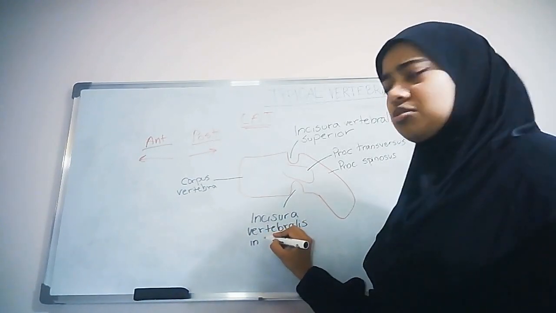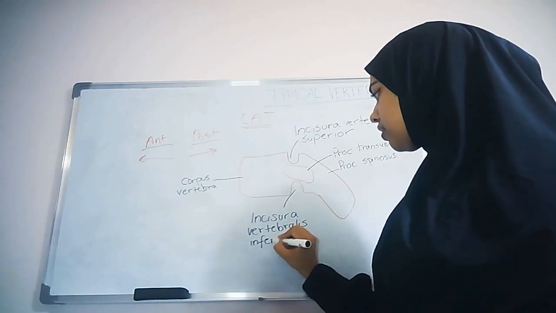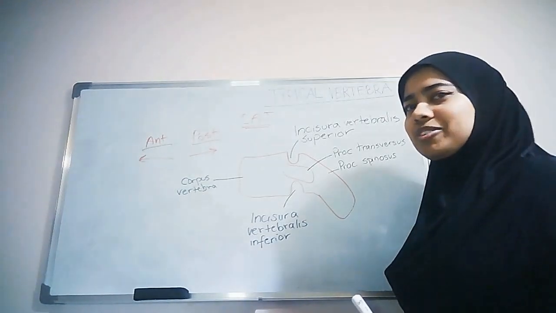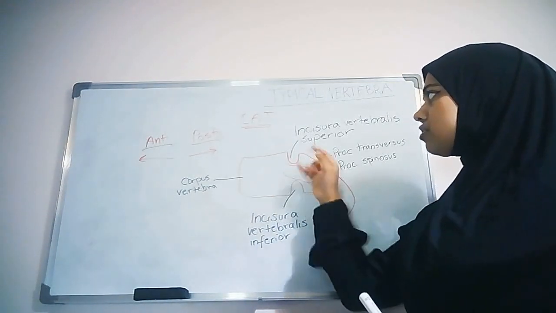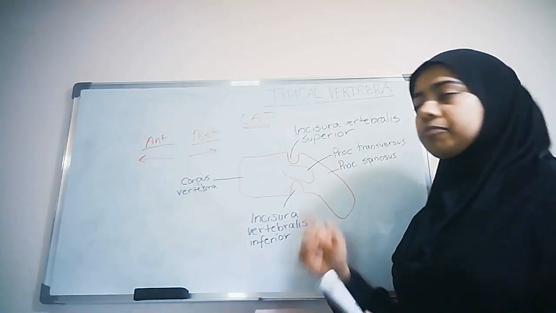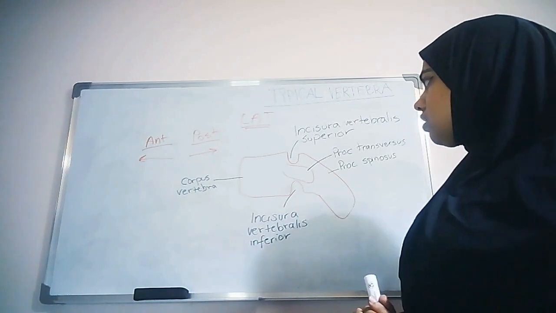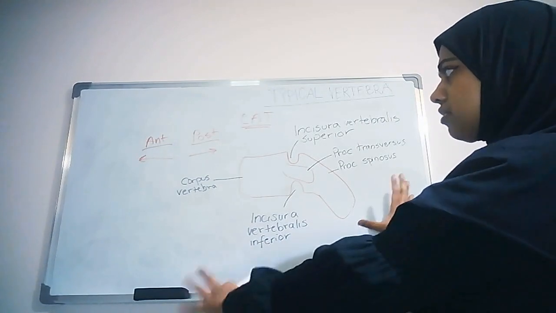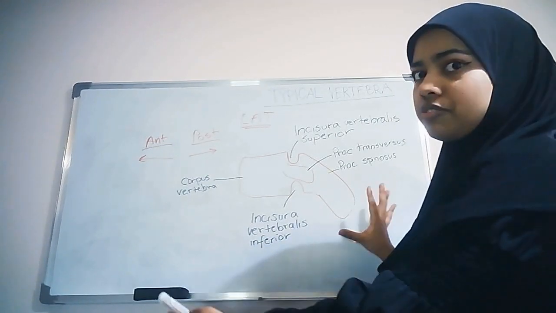I hope it makes sense to you. Tell me if it makes sense, okay? So we have the incisura vertebralis superior, incisura vertebralis inferior. This is basically it. These are basically the structures you would be seeing, and I have simplified it for you.